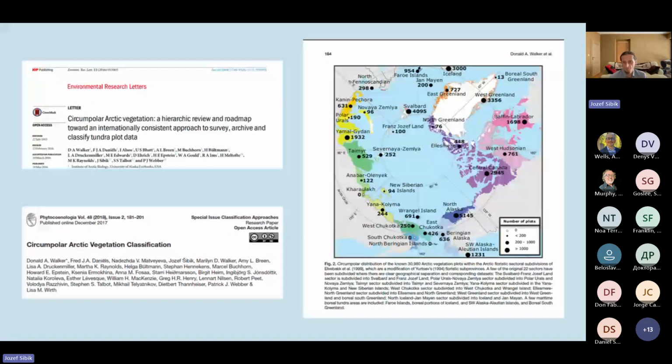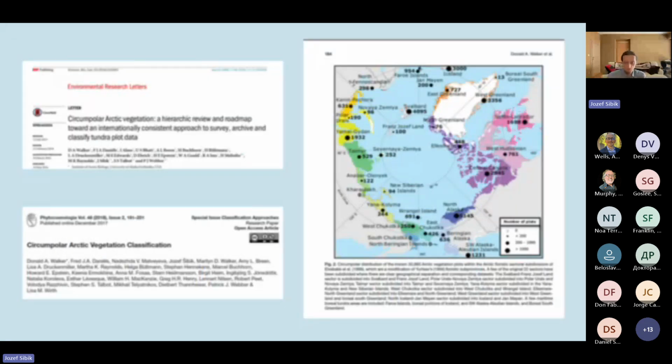And the story continues. Skip Walker, following the European approach and mirroring the European Vegetation Archive initiative, ended up establishing the Arctic Vegetation Archive. And here you can see the number of relevés from the whole Arctic biome, the Circumpolar Arctic Vegetation Archive, containing a couple of thousand relevés that are already digitalized, and we can use them for various purposes.